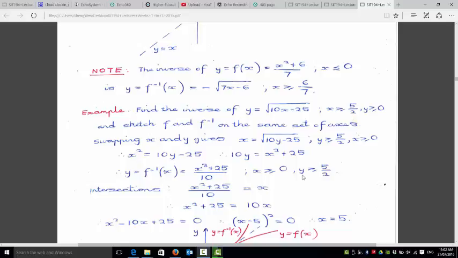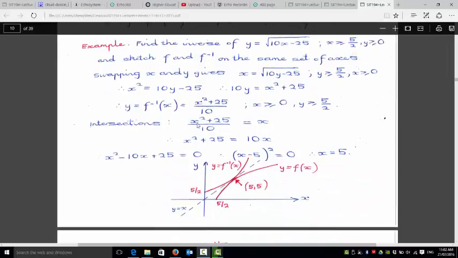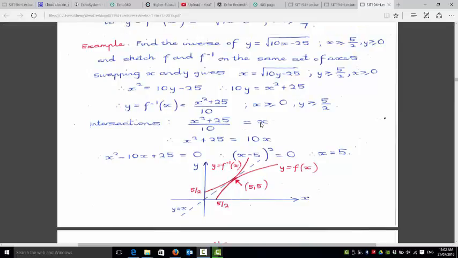For intersections, we just calculate that f(x) is equal to x. We then have x squared plus 25 is equal to 10x.